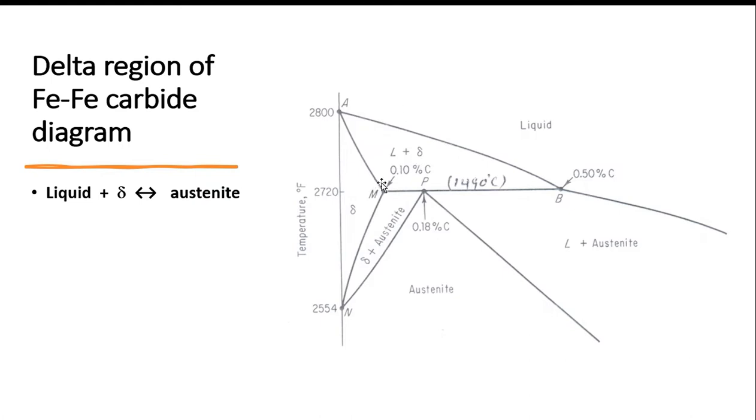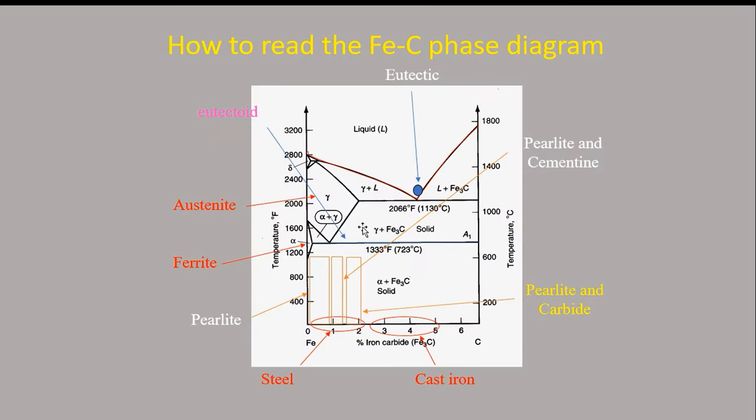If you just cool, it converts to austenite of delta, right here. That difference, right? Delta, austenite, and again austenite. So if you just cool it after this line, it is austenite. If you heat up to this one, delta plus austenite, and after heating it is going to delta, right? That is how it changes here.